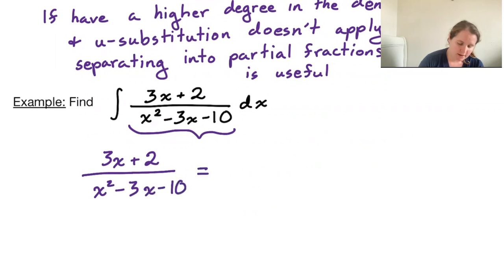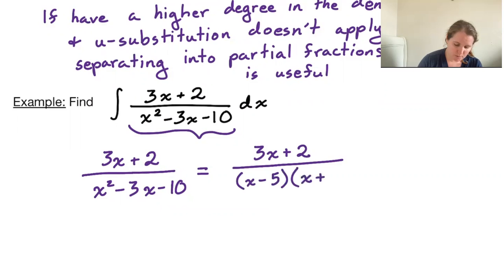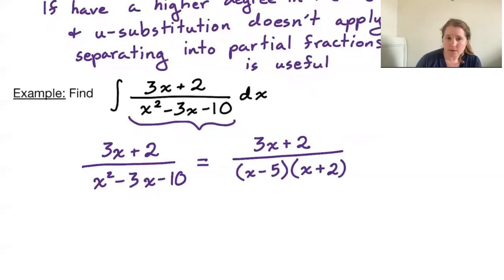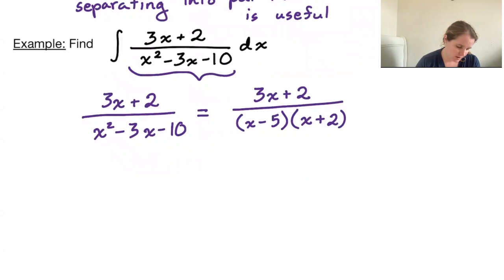We could go ahead and factor that denominator. We will have a 3x plus 2 up top, and down below, this factors as x minus 5 times x plus 2.